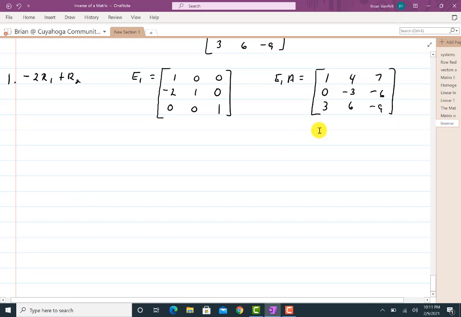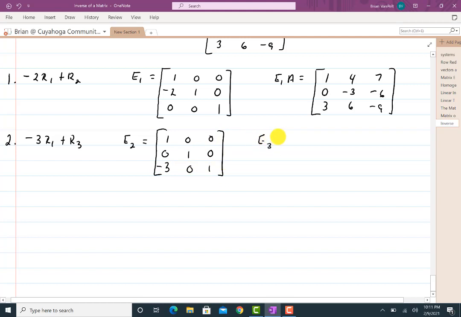Next, I attacked that 3. So I did -3r1 plus r3. Now, what I want to do is try to stick with exactly the same things that I did before.